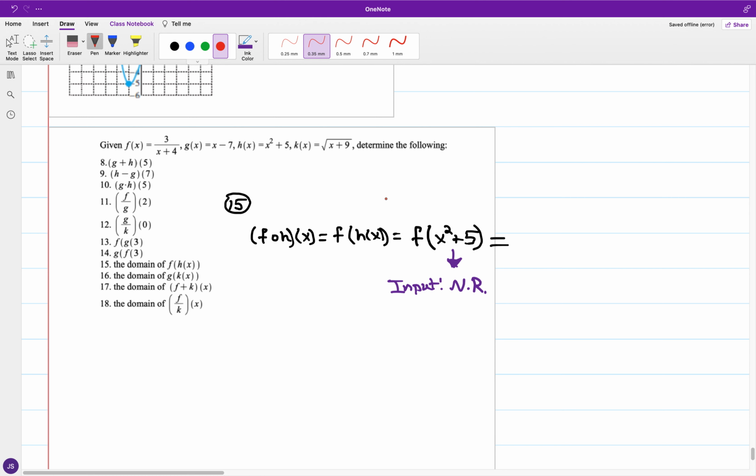Okay, so operating in line with f of x, f of the input is equal to 3 over the input plus 4.